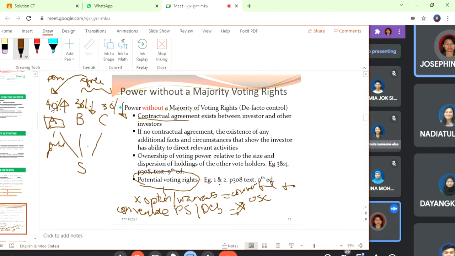It says investors Z and E each hold 60% and 40% of the voting rights of an investee. So we have two investors, one holds 60% and the other holds 40%.